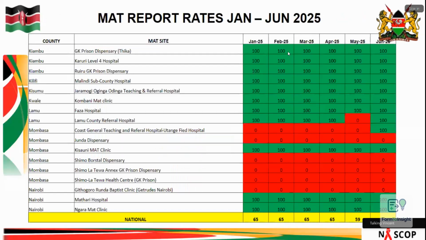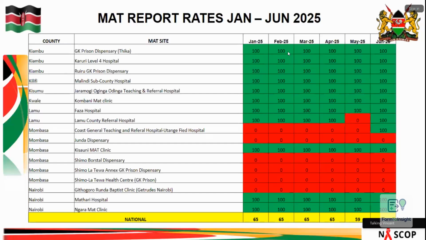So when it came to MAT again, this is where we are saying counties are allocating data sets to facilities that could be not offering MAT services. Like for Nairobi, Gidororo Runda Baptist Clinic, I doubt if it's doing MAT, but when you run this report on KHIS, you find that it has been allocated that data set.